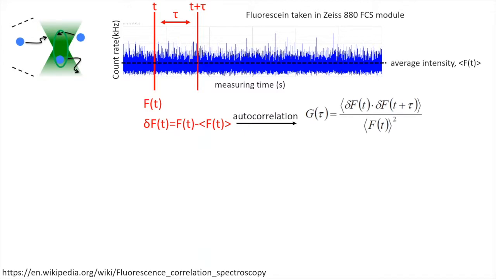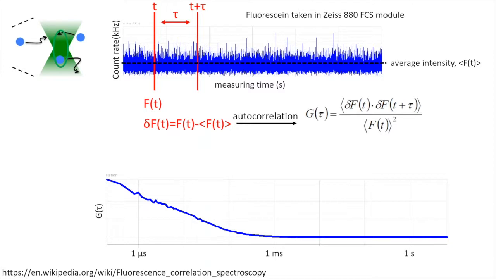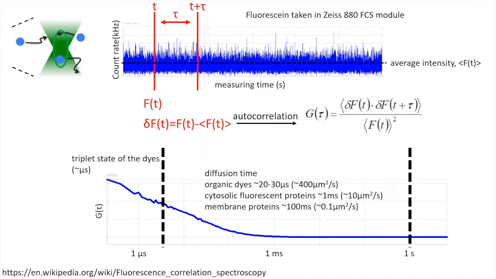When you do autocorrelation, you get this autocorrelation curve and autocorrelation function. By looking at this, you can interpret different regions from this data.